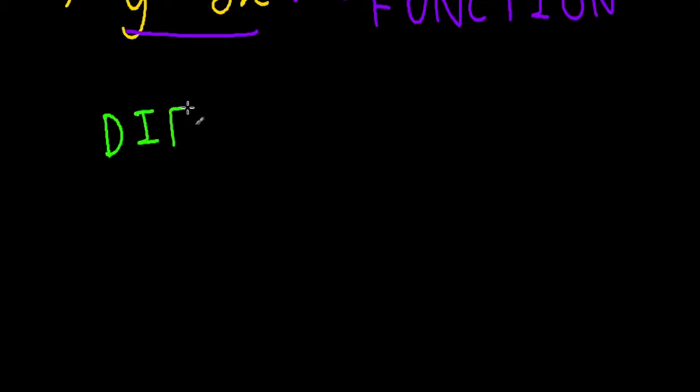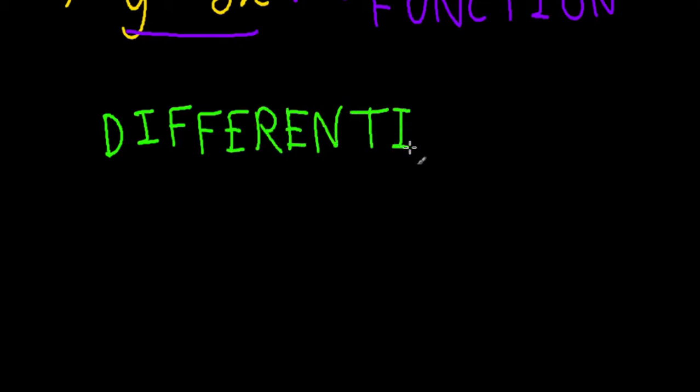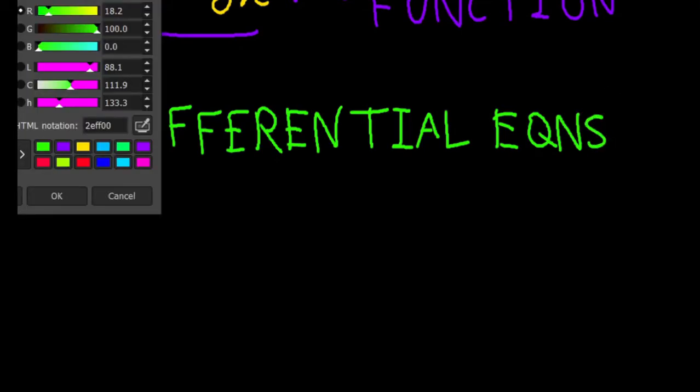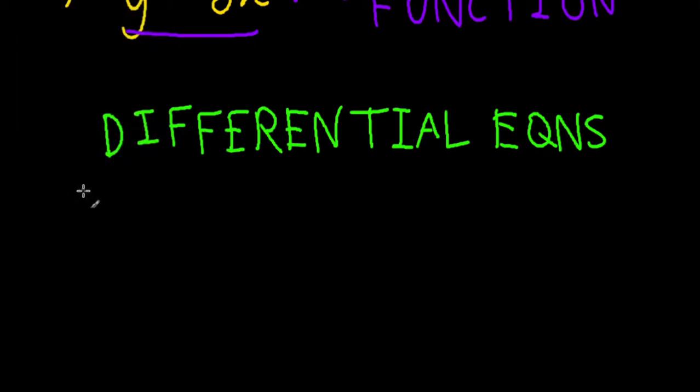So let's write down all that we have learned so far. We have differential equations, our new types of equations. Now, what you're going to have are not just variables. Well, obviously you need variables, but the main thing is this equation is going to involve the derivatives of a certain function.